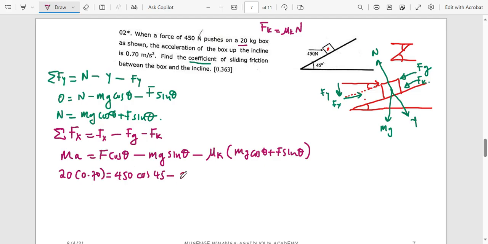Minus mass again, that is 20, g is 9.8, then we have sine of 45. And then minus, we want mu k times mass, which is 20, g is 9.8, we have cosine of the angle, which is 45, plus the applied force, 450, and then we have sine of the angle, which is 45.